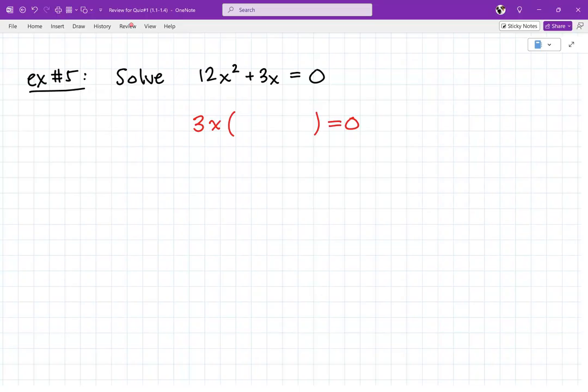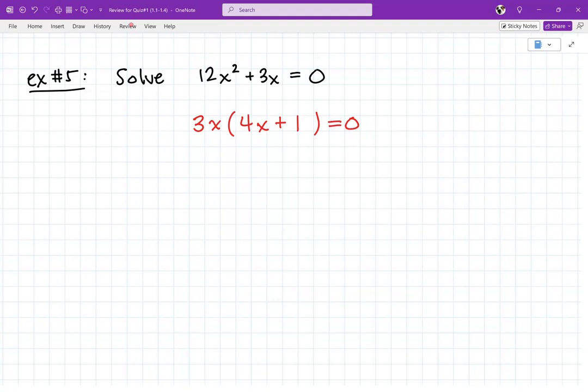So here we go. 12 divided by 3, that's 4. And then if I take 1 x out of 2 of them, I have 1 left, right? So it's going to be 3x times (4x plus 1). 3x divided by 3x, what is that? 1, right? They cancel out. All right, great. We factored.